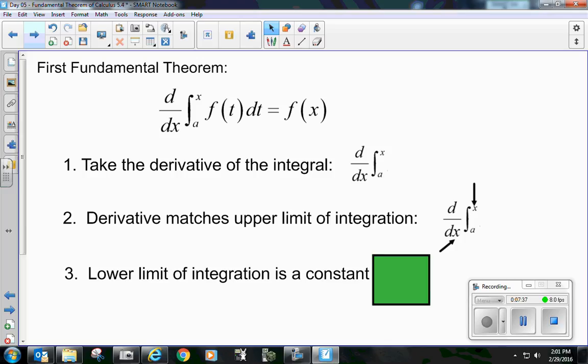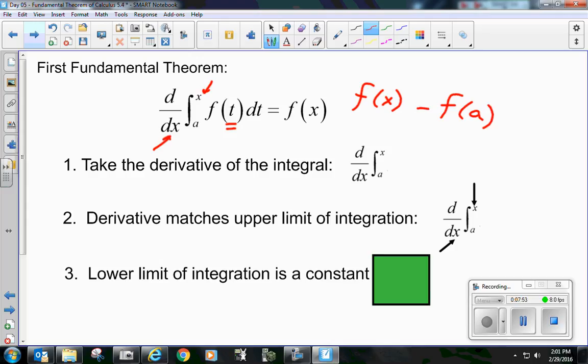Because if you notice through this whole thing, the only place the t was here, this t is going to be an x, this t is going to be an x. Because when we do this, we do f of x minus f of a, whatever. A is going to be a constant. That'll wipe out. Boom. What's the derivative of a constant? Yeah.